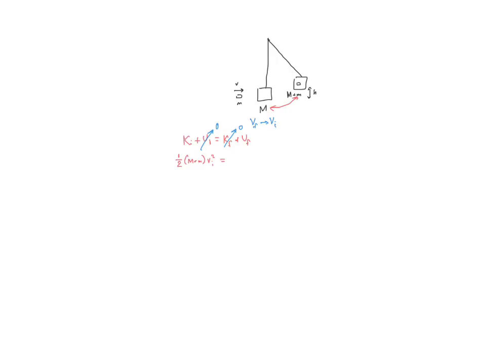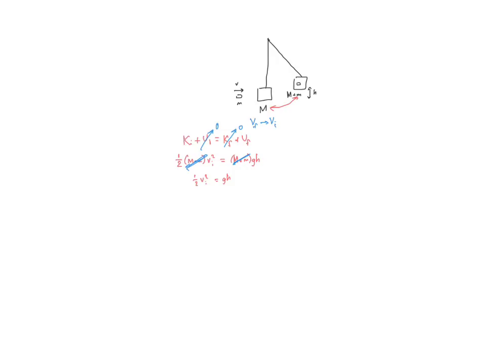And that's equal to the final gravitational energy, which is the same mass, big M plus little m, times g times h. Since the mass is the same in both cases, we can just cross it out, so it really doesn't matter what we even put down for the mass. And then what you're left with is just 1/2 vi squared equals gh.